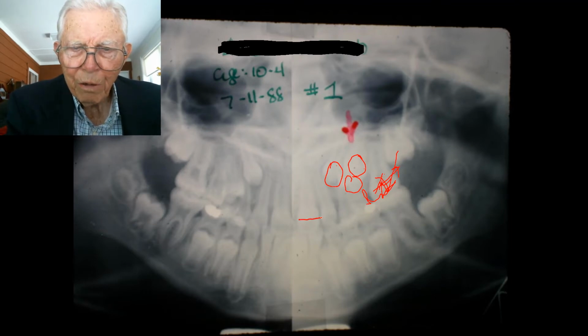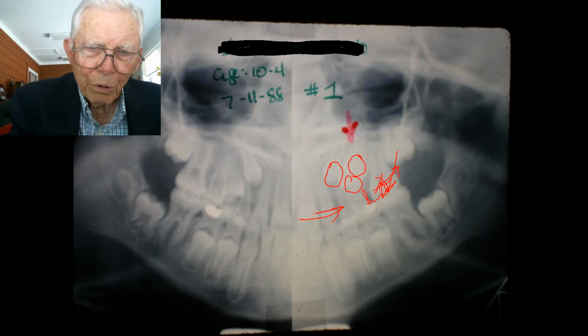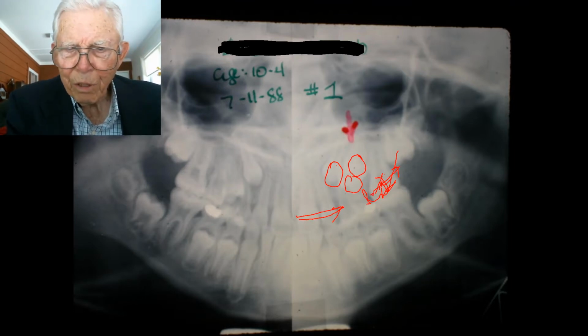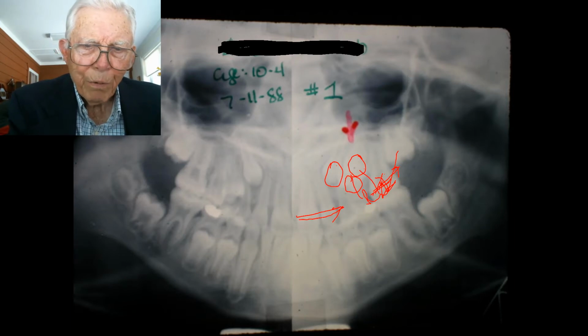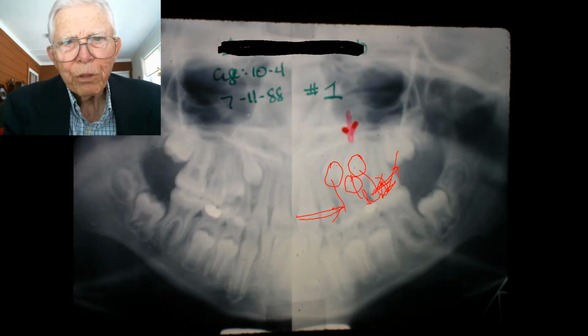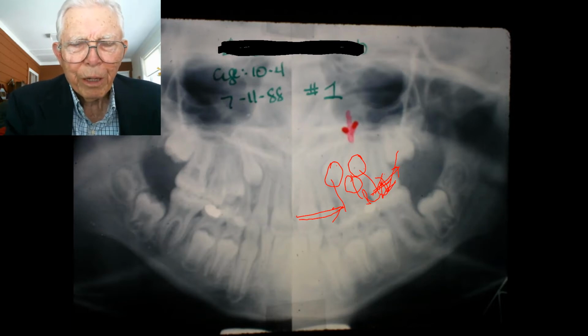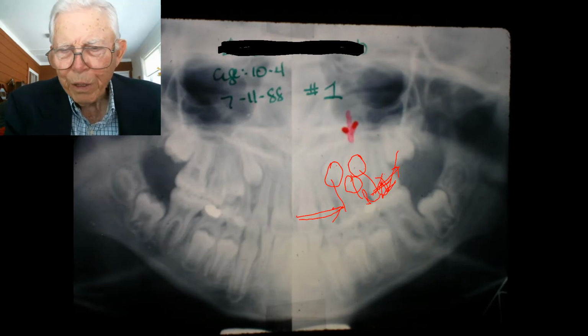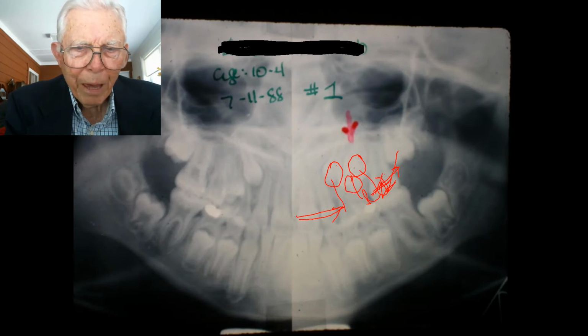And these teeth have drifted in that direction also. So we've got to push this back and make this go back and open up room for these teeth to come in. So we put this tooth under ectopic eruption, and it's also under impaction.